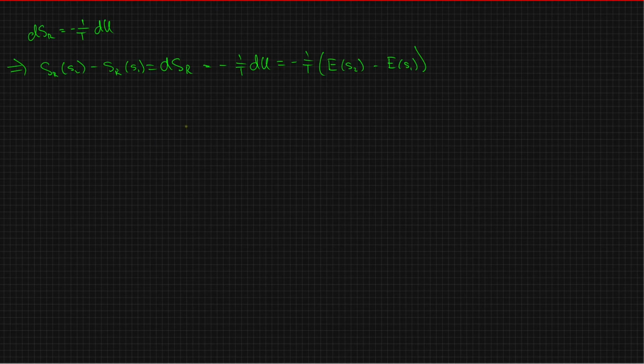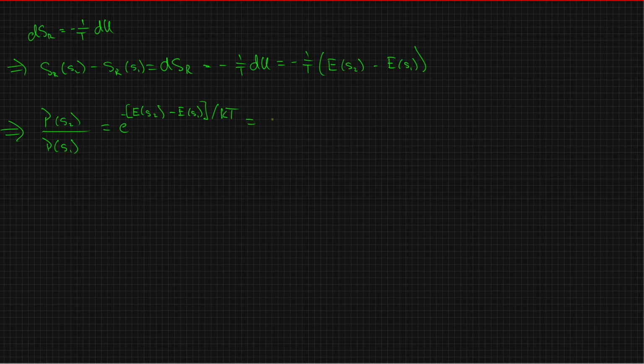Now we can take this result and throw it back into our ratio for the two probabilities, which gives e to the minus E of S2 minus E of S1 all over kT.